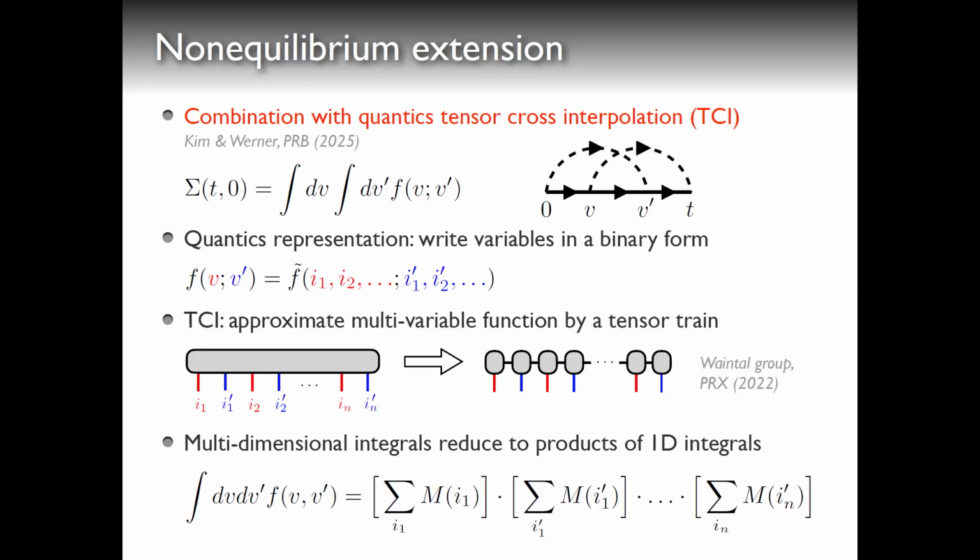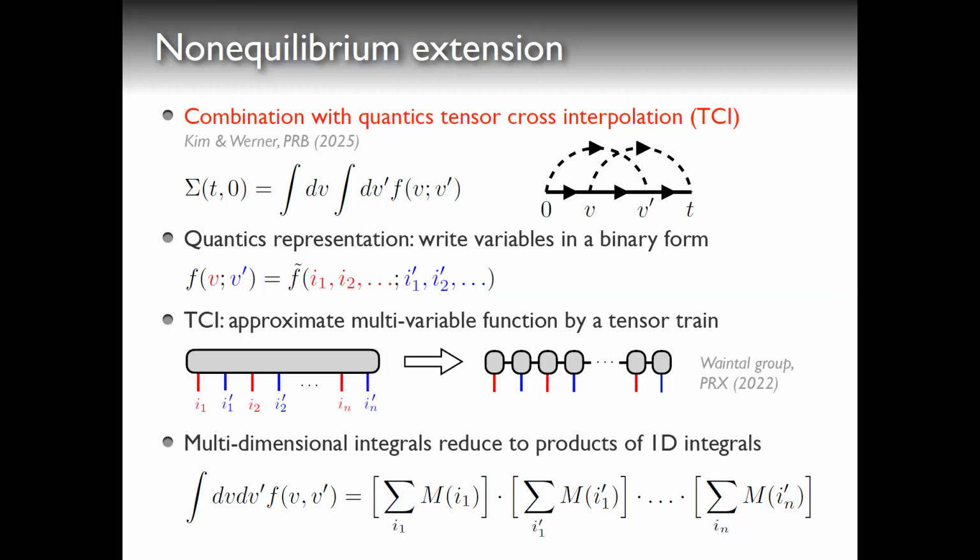This is equivalent to a wave function of a spin 1/2 chain. People working with quantum spin systems have known for a long time that an efficient representation of such a wave function is a matrix product state. So we do now the same thing. We express our function in this binary form by a matrix product state.